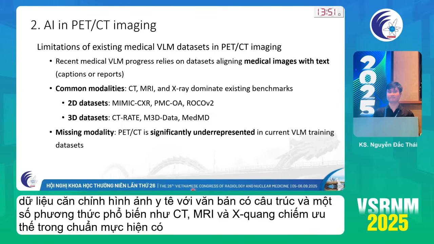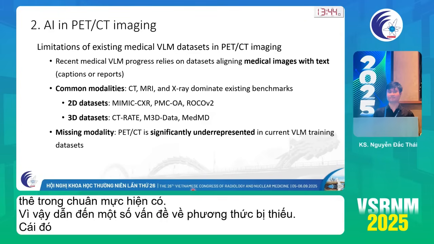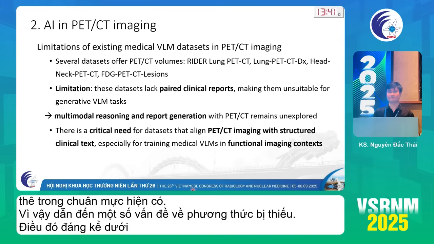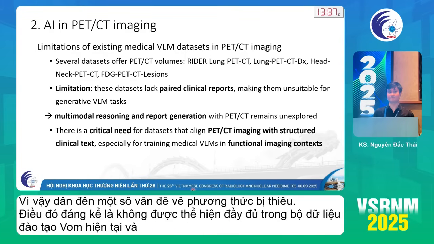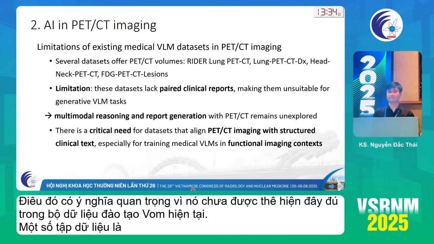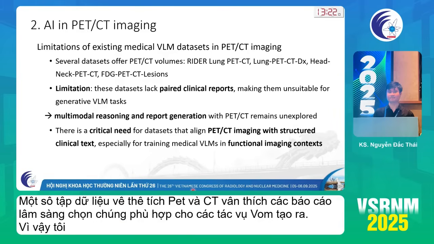That leads to a missing modality problem: PET-CT is significantly underrepresented in current VLM training datasets. Several datasets offer PET and CT volumes but still lack paired clinical reports, making them unsuitable for generative VLM tasks. So I highlight the need for datasets that align PET and CT imaging with structured clinical text.